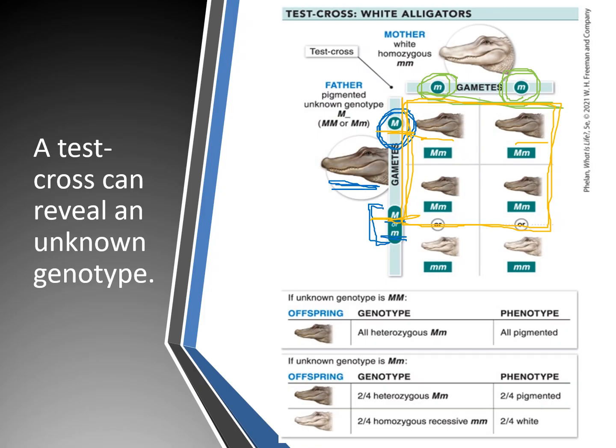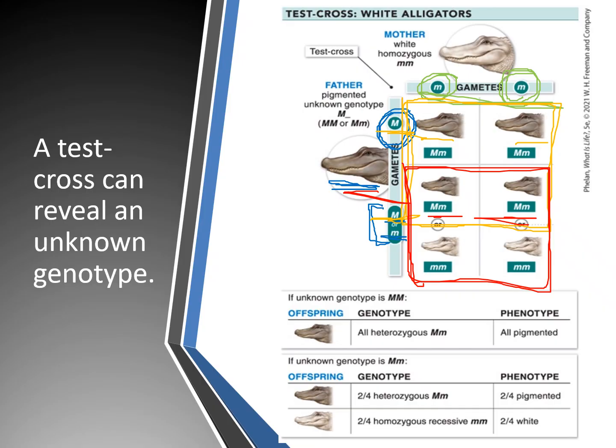However, there is the potential that dad is heterozygous, and that will give us these results, where the offspring are potentially 50% heterozygous, but they will look like dad, right?